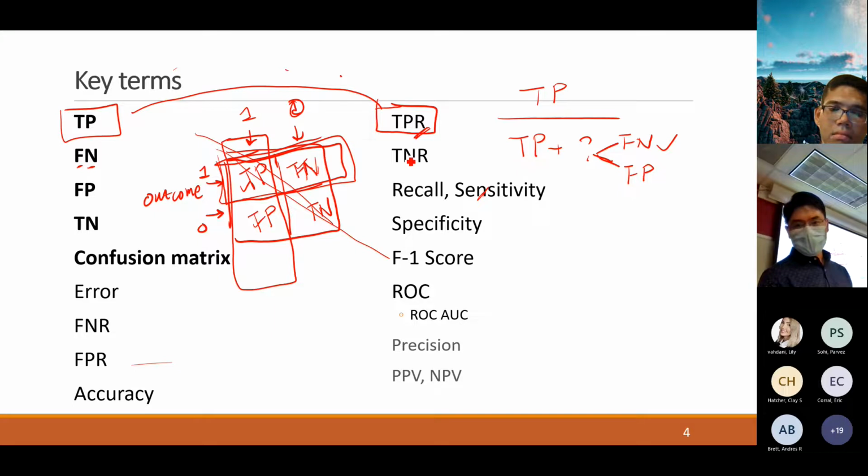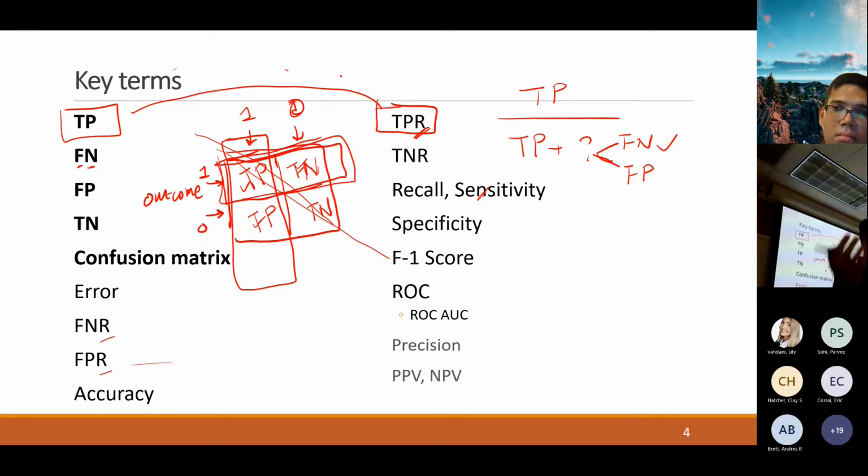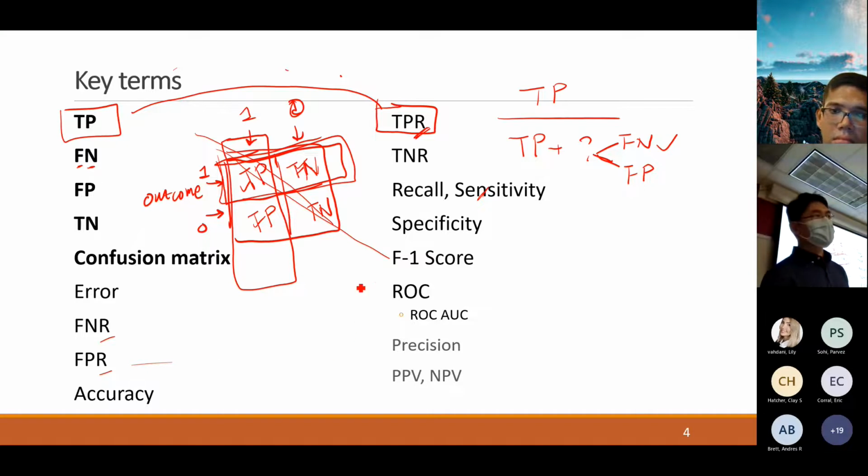A true positive rate, true negative rate, false positive rate and false negative rate. We have 4 kinds of rate, which makes sense because there are 4 cells here, right? So you can make 4 different kinds. I'm not going to iterate through all of these, but you get the idea.